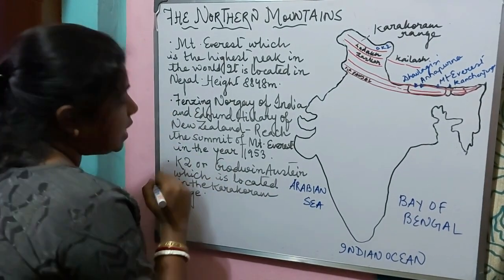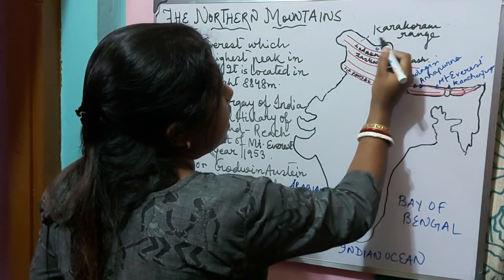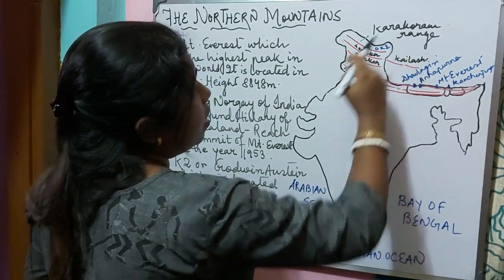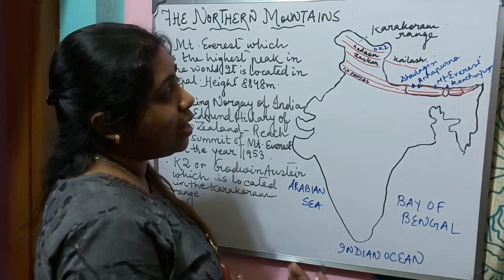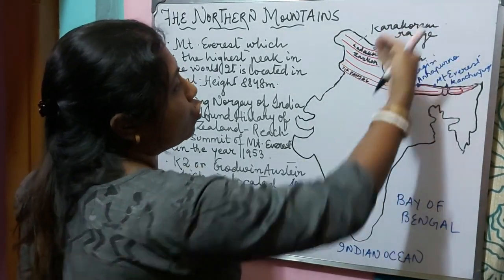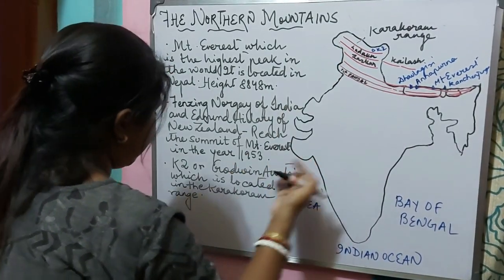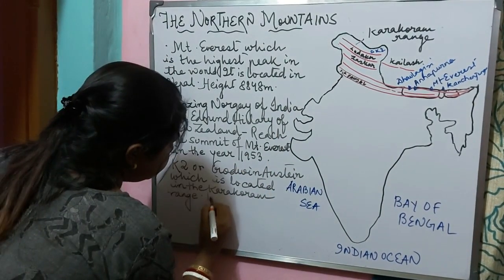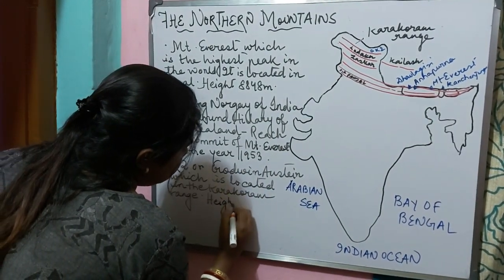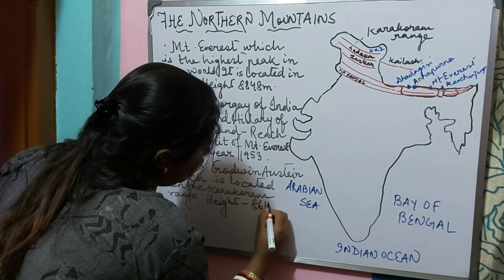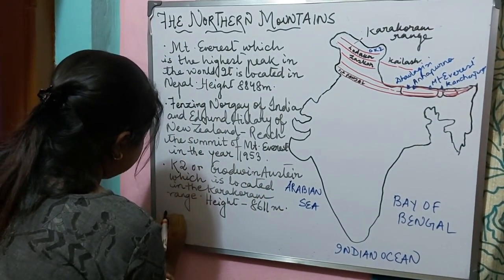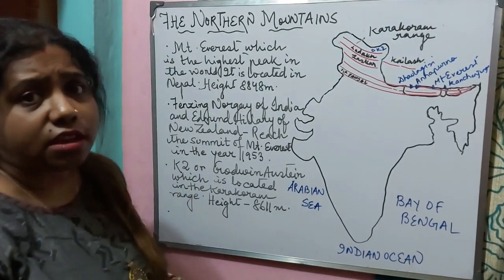Where is it located? In the Karakoram range. Here is my K2. The Karakoram range lies to the north of the Himalayas. So K2 is located in the Karakoram range. What is the height of K2? 8611 meters.